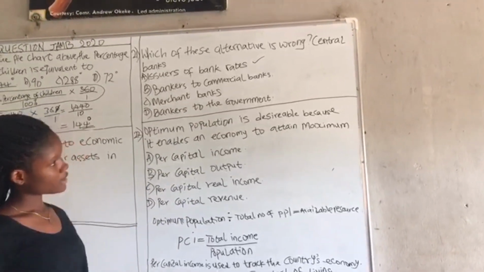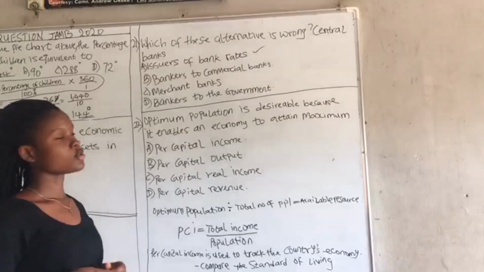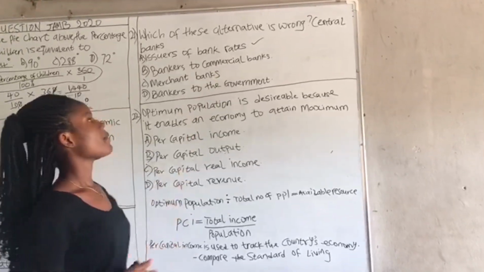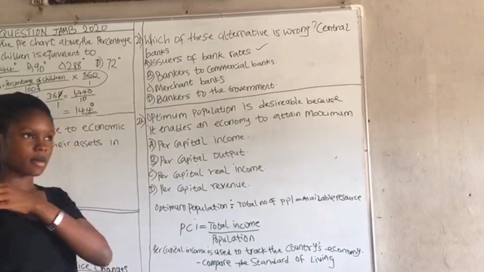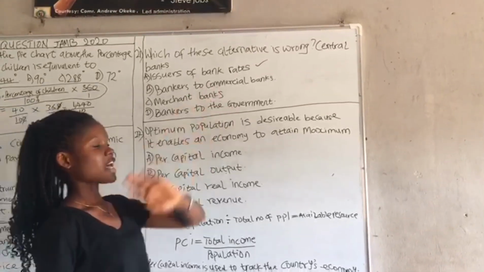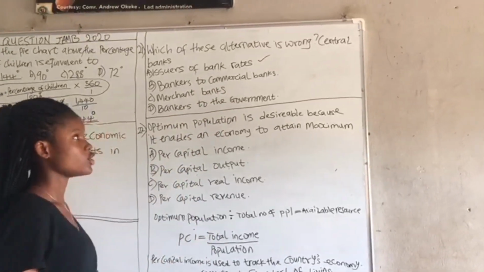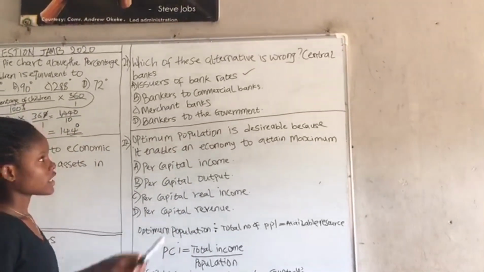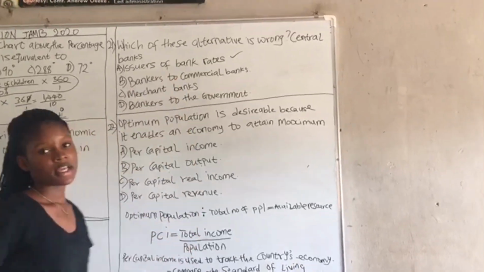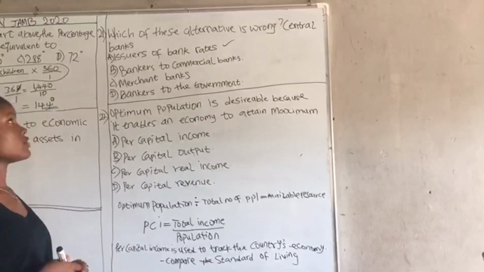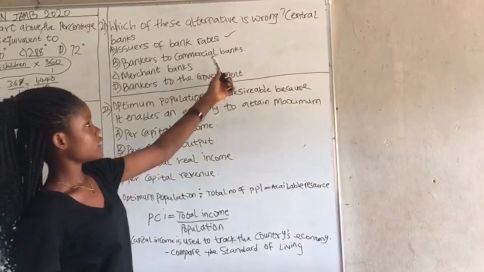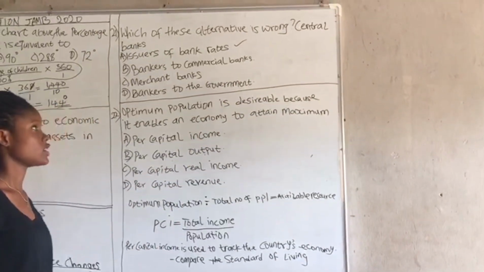The central bank issues currency to the commercial banks, thereby making them the bankers to commercial banks. Like if the commercial bank has any problem or challenges they are facing, they can meet the central bank, and the central bank is also charged with the responsibility of issuing currency to the commercial banks in the country.